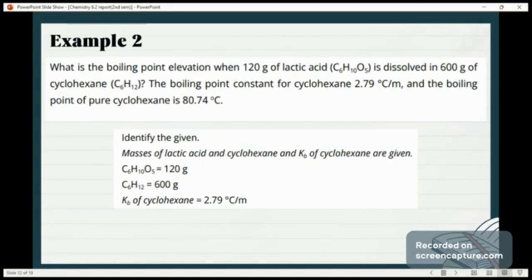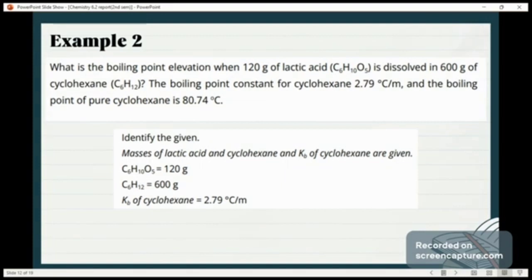So we have the given here: the lactic acid is 120 grams and the cyclohexane is 600 grams. And also the Kb of cyclohexane is 2.79 degrees Celsius per m, and the boiling point of pure cyclohexane is 80.74 degrees Celsius.